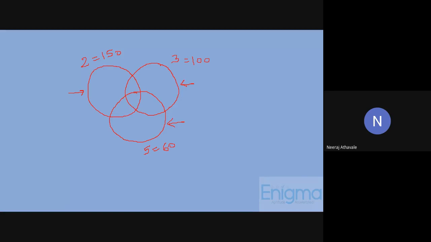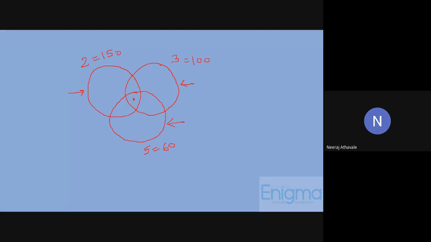Okay. Now the central part, which is common to all three circles, would be basically the LCM of 2, 3, 5. Numbers which are divisible by 2, 3 and 5 all, because that area is common to all three circles. So LCM of 2, 3, 5 is 30. Okay.